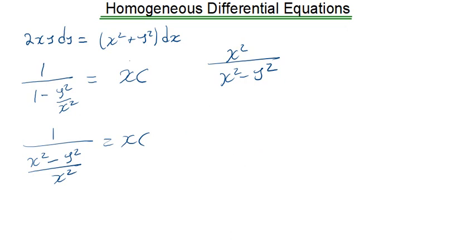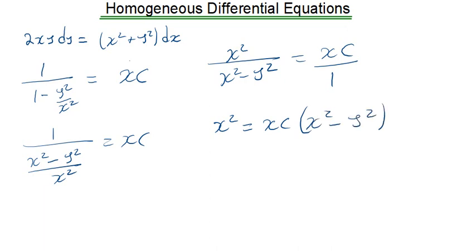So this is simply equal to x multiplied by the constant c. This is going to be x squared equal to xc, then I have x squared minus y squared, like that.